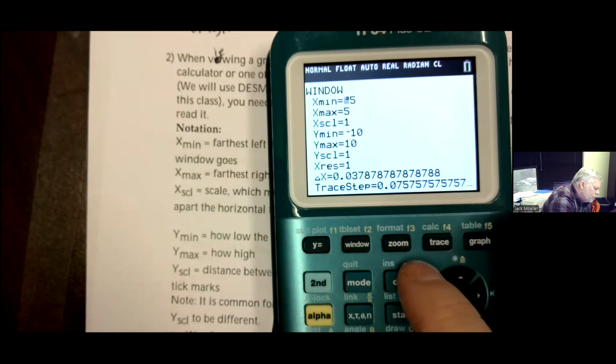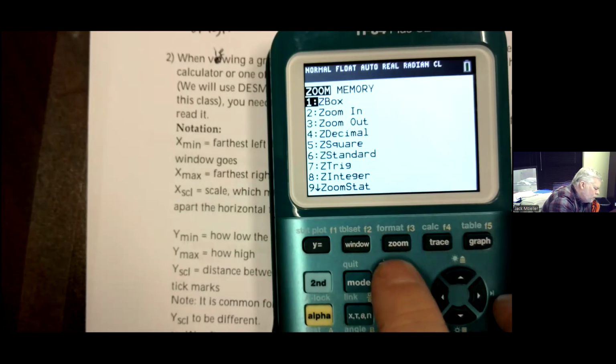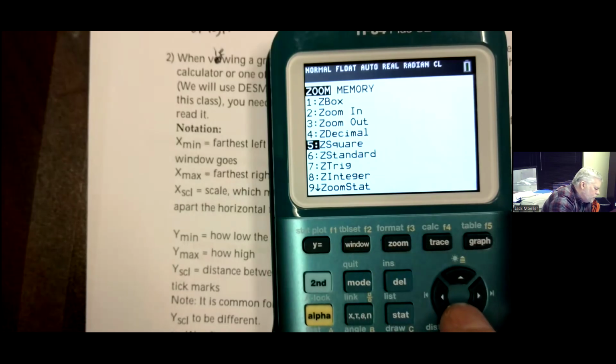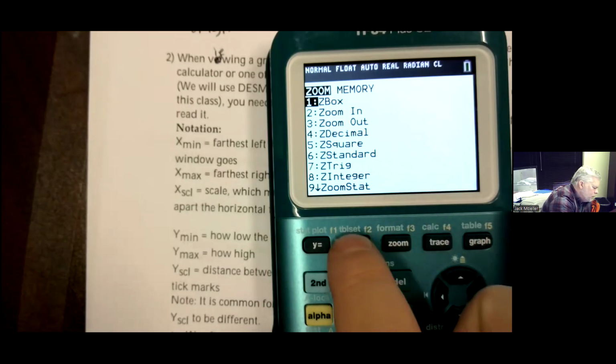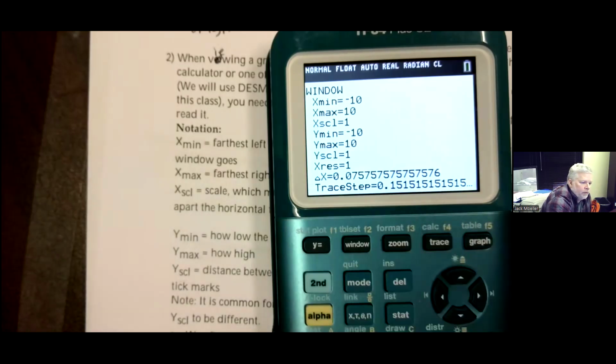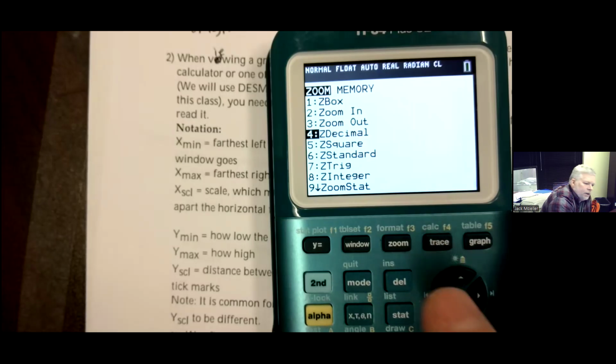If you're ever playing with this and you want to get it back, let's see if I remember. So if you go over to zoom and zoom standard, what zoom standard does is it puts your window back to +10, -10 in all directions. Right? But you can also zoom in, you can zoom out. So you may want to play with this.